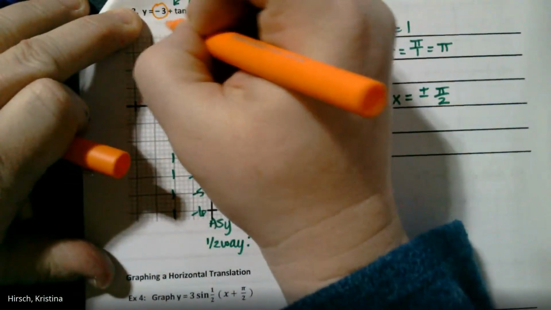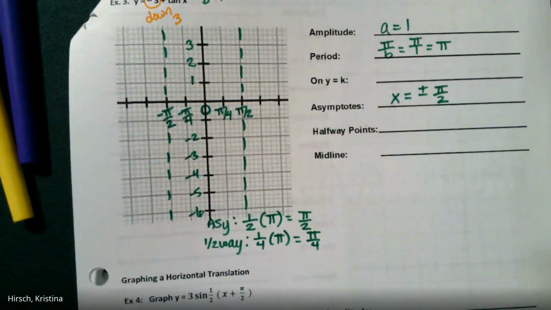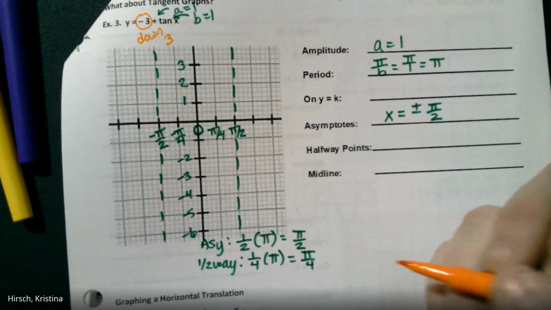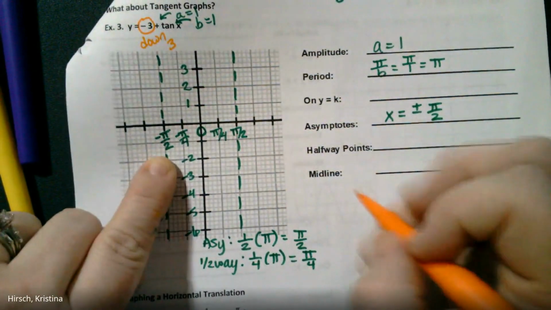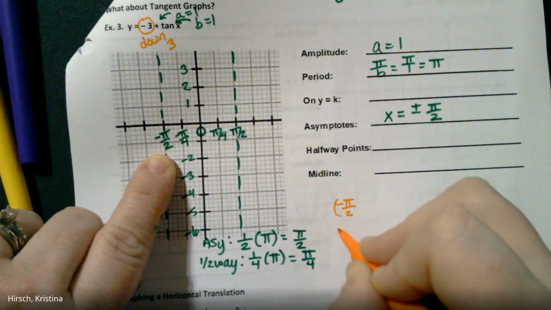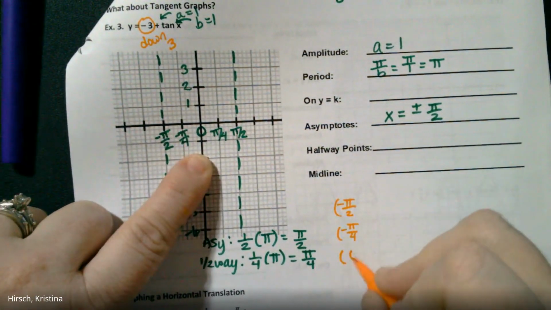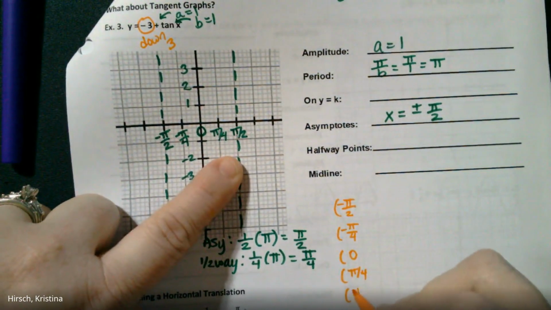This right here tells me that I have to go down 3. But again, that can be a little trippy for people. So we're going to look at our calculator and I'll show you how to do it in a few different ways. We're going to look at pi over 2, negative pi over 2, negative pi over 4, 0, positive pi over 4, and positive pi over 2.